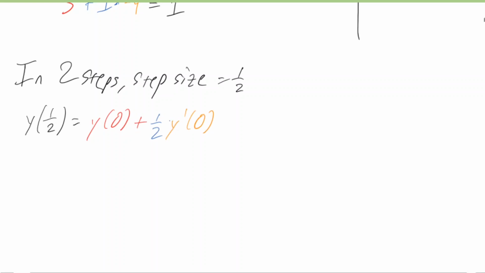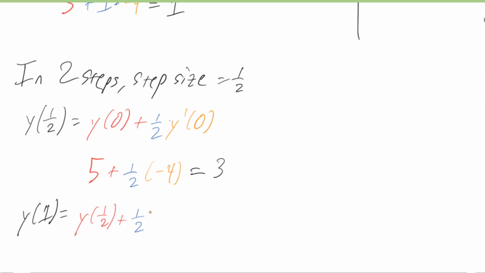And we already computed y prime of 0, and so we just plug everything in and we get that y of 1/2 is approximately 3. And now for our second step, we use this approximation for y of 1/2 in our approximation for y of 1. So y of 1 is going to be equal to y of 1/2 plus our step size 1/2 times y prime of 1/2. That's just the regular Euler's equation.